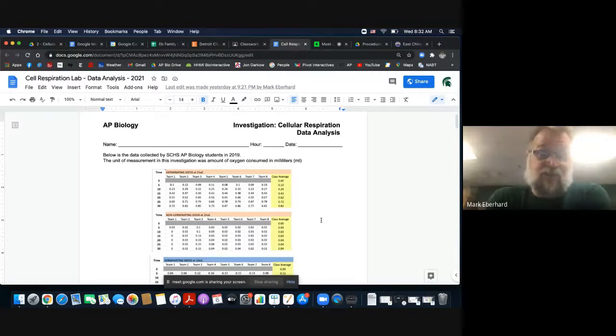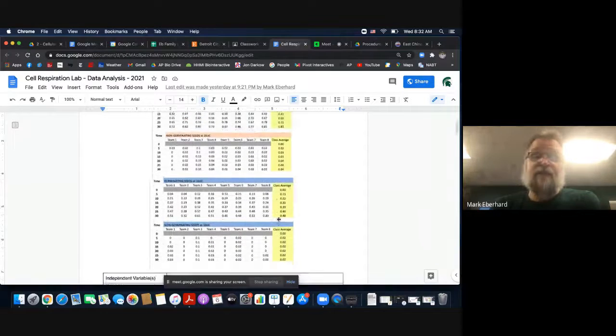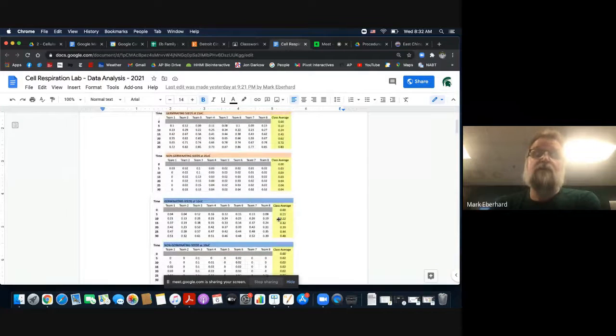So we did not get to run it in person last year either. But this is actual student data. This is real student data that was taken by students here at St. Clair High School. And this is the data that you're going to use to respond to the results of the lab.